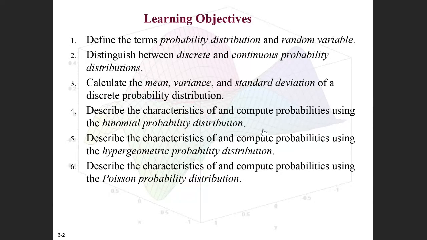You will also describe the characteristics of and compute probabilities using the hypergeometric probability distribution. And we talked about hypergeometric, I believe, in chapter 2. And the final thing is describing the characteristics of and computing probabilities using the Poisson probability distribution.